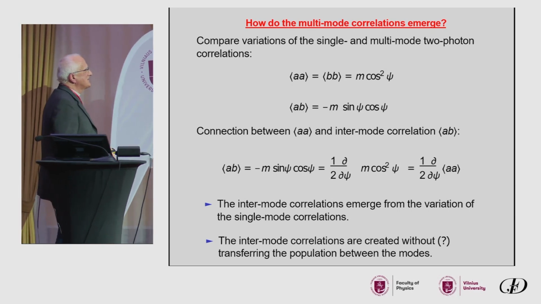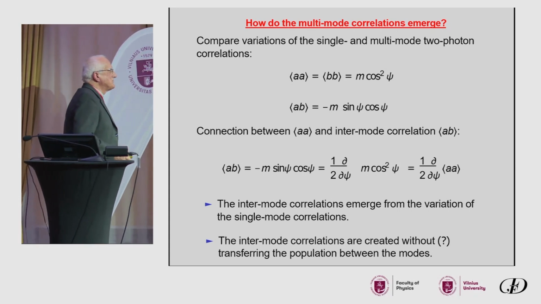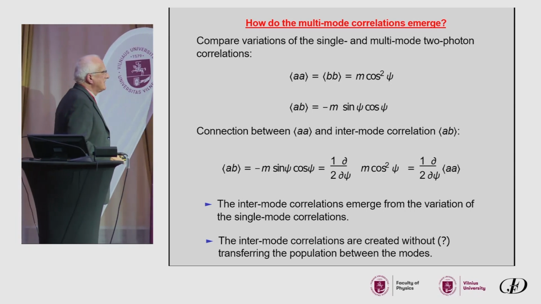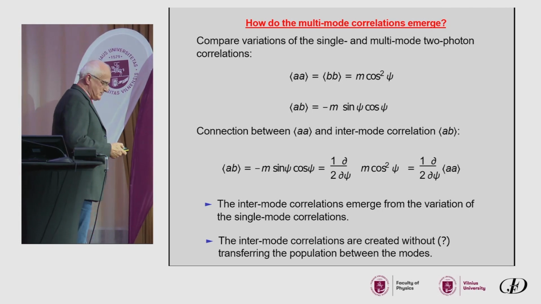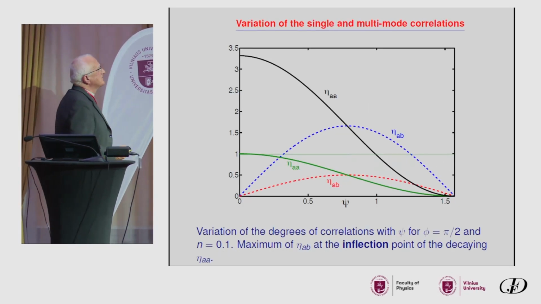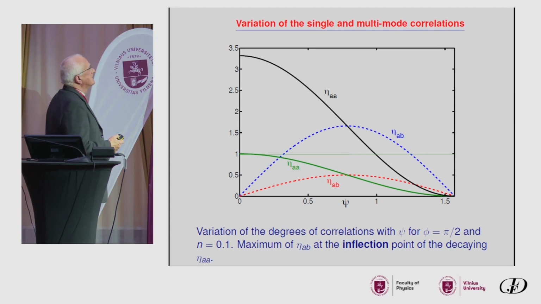So we have here an example of creation of correlations between the modes without exchanging photons. We can entangle two modes without exchanging photons. And this is the picture: when correlation inside the modes decreases with coupling strength, correlation between the modes increases.